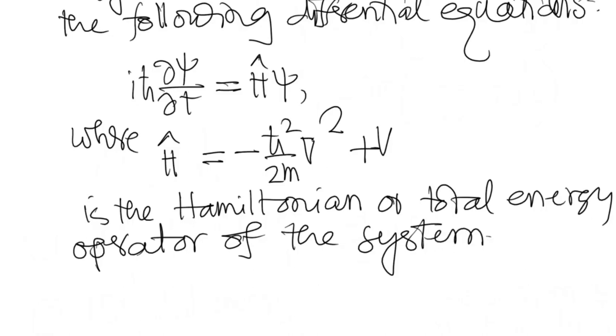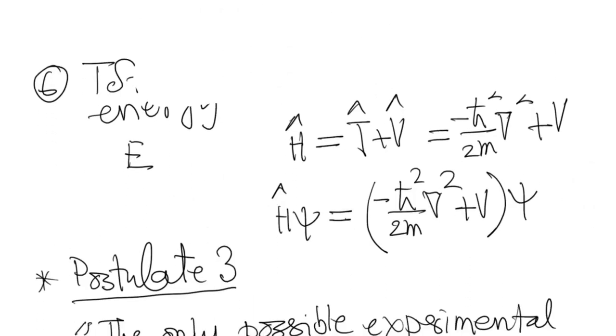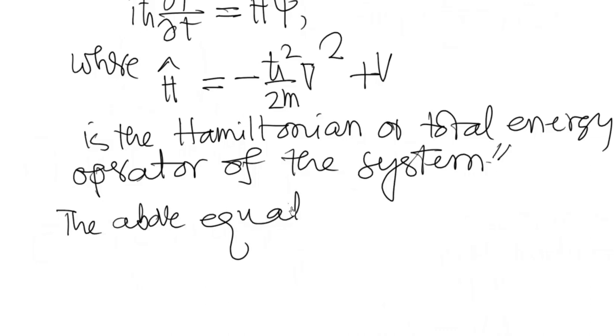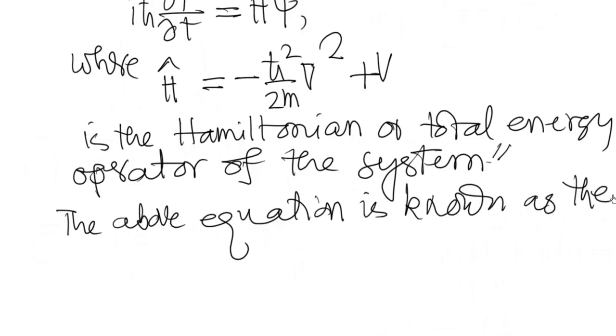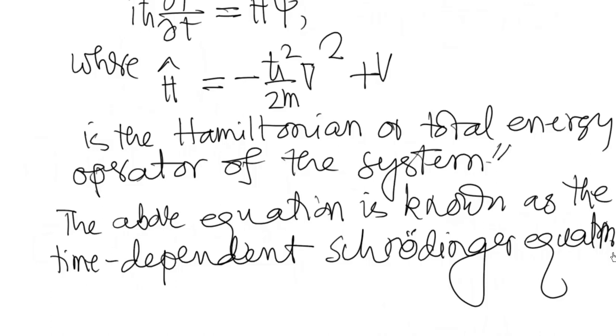The above equation is known as the time-dependent Schrödinger equation. And this V is the potential energy of the system.